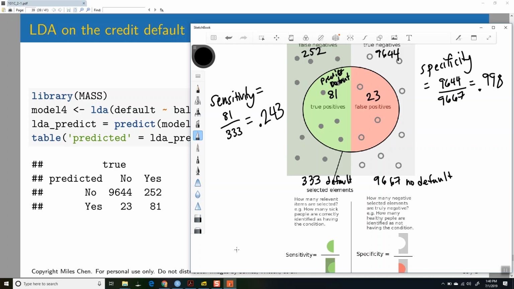So as a bank, would I rather have false negatives or false positives? If I'm choosing who I'm going to lend money to, would I rather have more false positives or more false negatives?